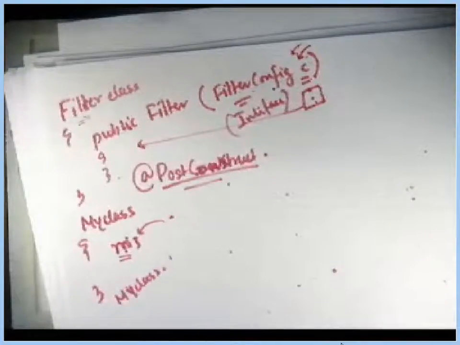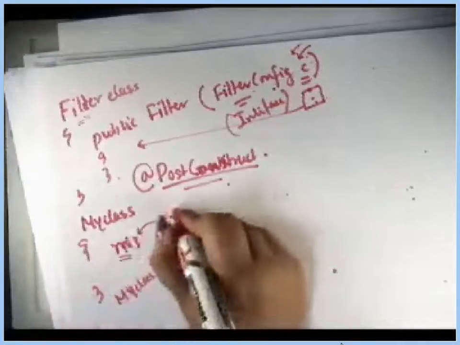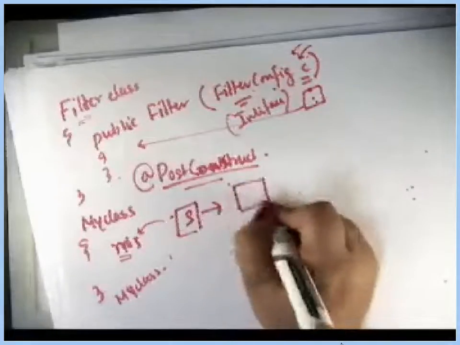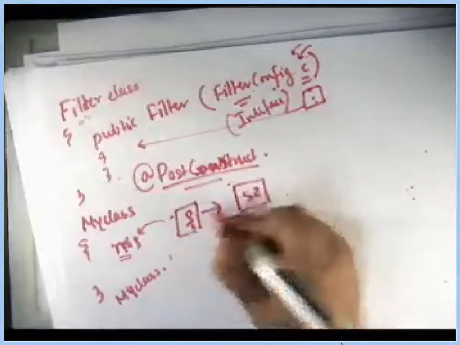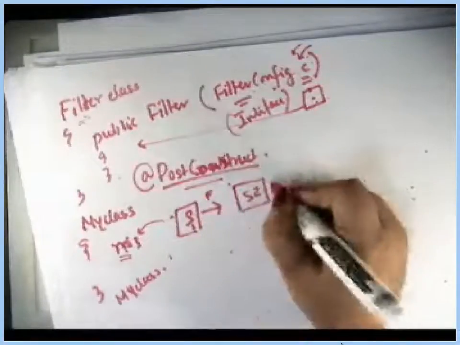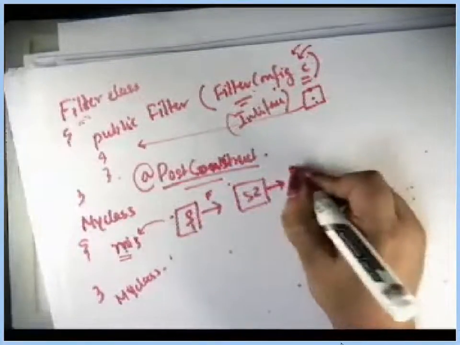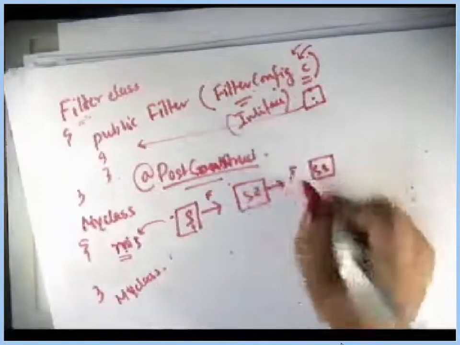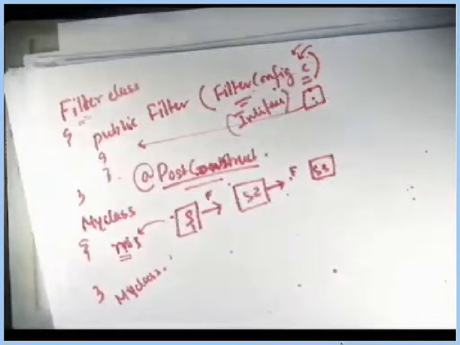Let's say servlet 1 is sending a request to servlet 2, so some filters are applied here. Now again servlet 2 sends a request to servlet 3, and again I can chain other filters in the process. Getting my point? This is called chaining of filters, right?